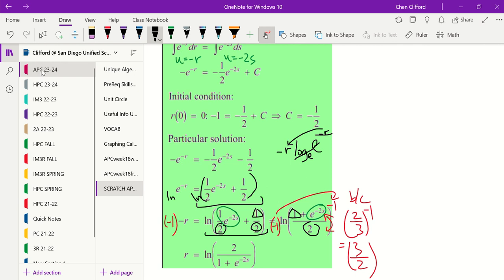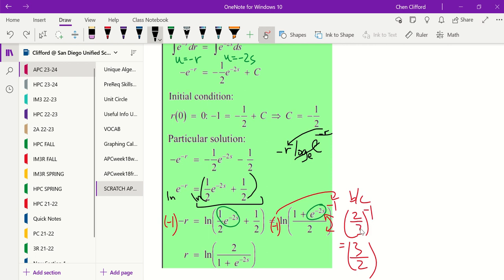Now, what happened is that we need to get rid of this negative from the r because we want to isolate r. So I'm going to multiply both sides by negative 1. So r becomes positive, and we have negative 1 times this ln. Remember, by the property of logs, we can move the -1 to the exponent.